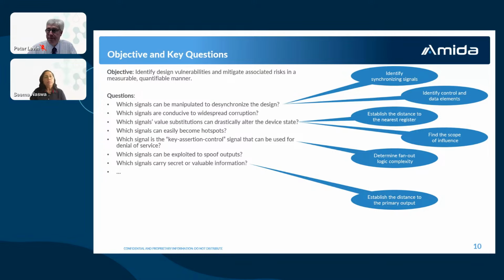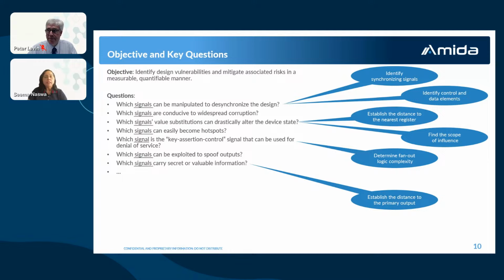Now, one thing is common between all these questions, though. They all revolve around signals. How signals are generated, how signals are propagated, how signals are related to each other across hierarchies. It's all about signals. So this gives us some insight.